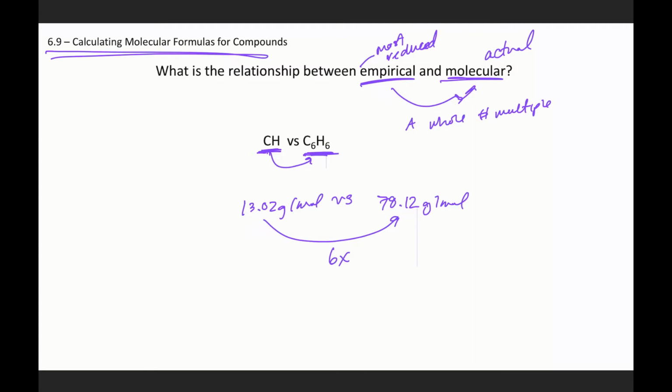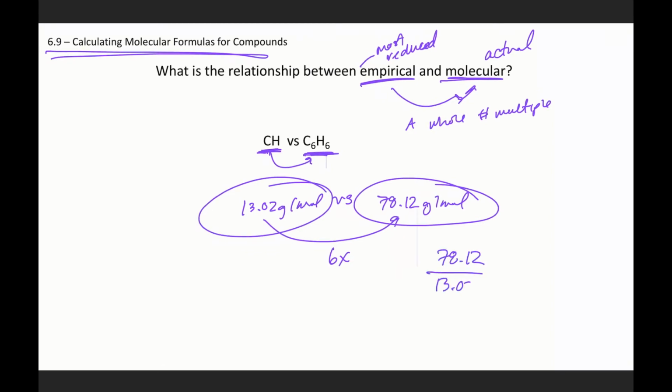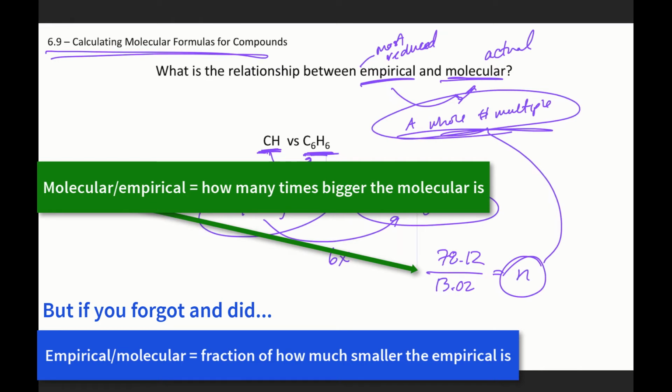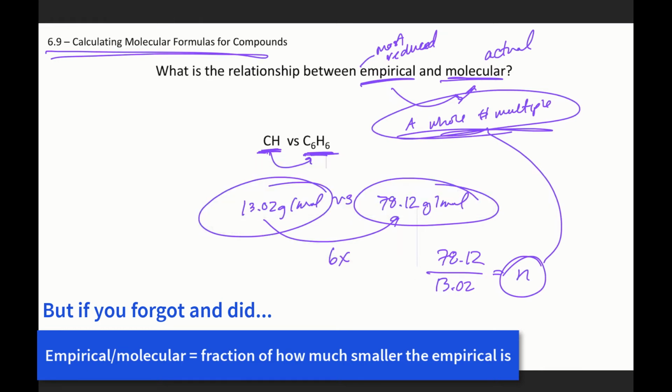That's our way to figure out the relationship, because if I know the mass of my molecular formula and the mass of my empirical formula, I can take my 78.12, divide it by 13.02, and that gives me my multiplier. Does that make sense?